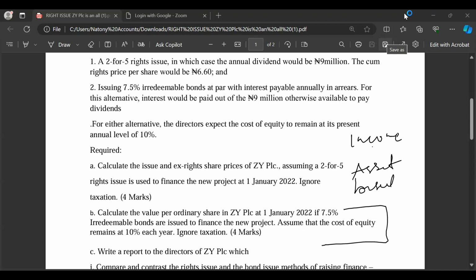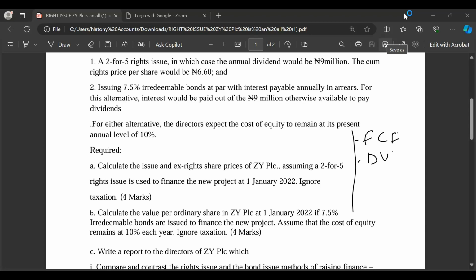So based on the information we have in this question, definitely we cannot use the asset base. So under the income base, we have the free cash flow method, the discounted dividend valuation method, and the PE ratio valuation method.